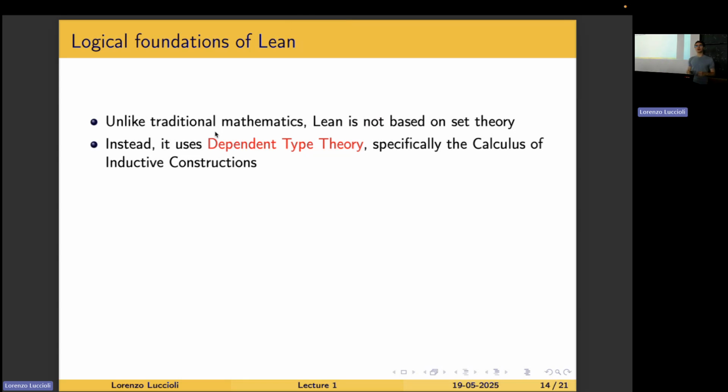In particular, there's a specific type theory called dependent type theory, or the calculus of inductive constructions. That is the specific theory used in Lean. It is also used, for example, in Coq, which is one of the provers I've shown you before. Let's see how it's different from set theory, and whether it will really matter for us as mathematicians.